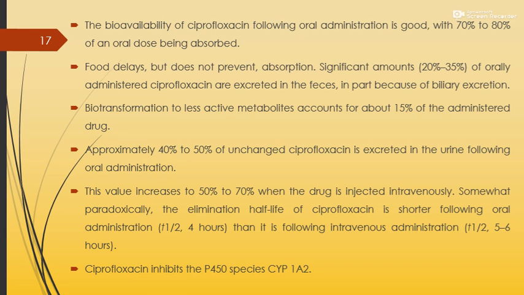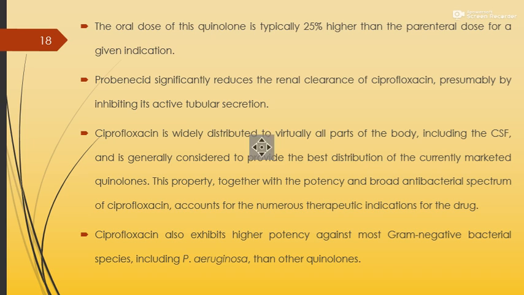Somewhat paradoxically, the elimination half-life of ciprofloxacin is shorter following oral administration. That half-life is 4 hours, whereas following intravenous administration the half-life is 5 to 6 hours. Ciprofloxacin inhibits the P450 species CYP1A2.